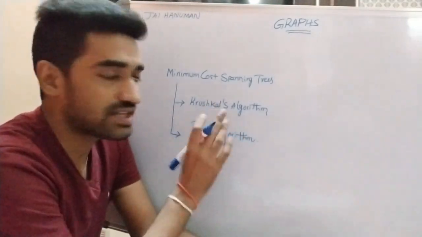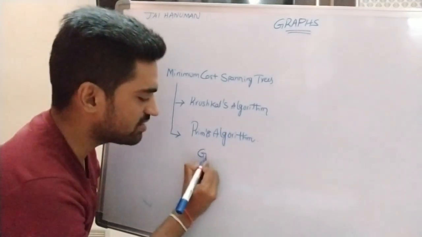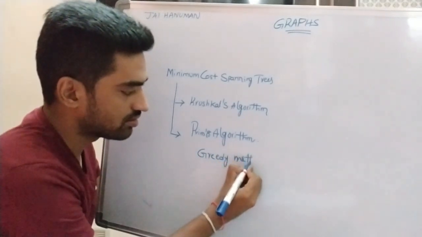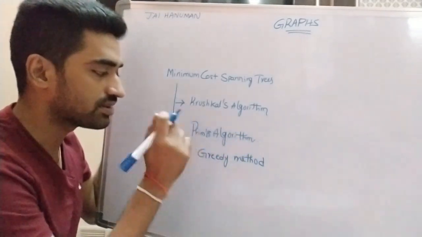Before going to these algorithms, first of all, we need to know what the greedy method is. Why? Because these two algorithms come under the greedy method.